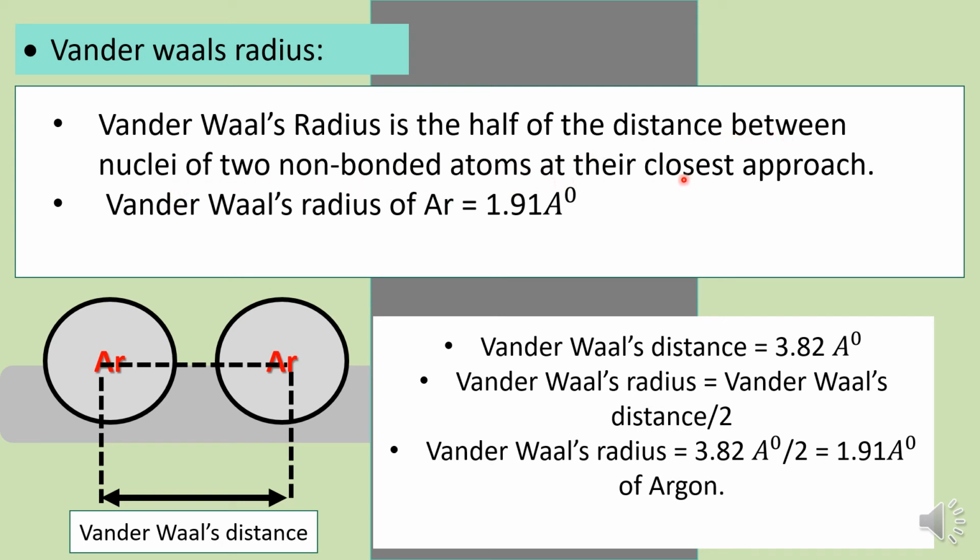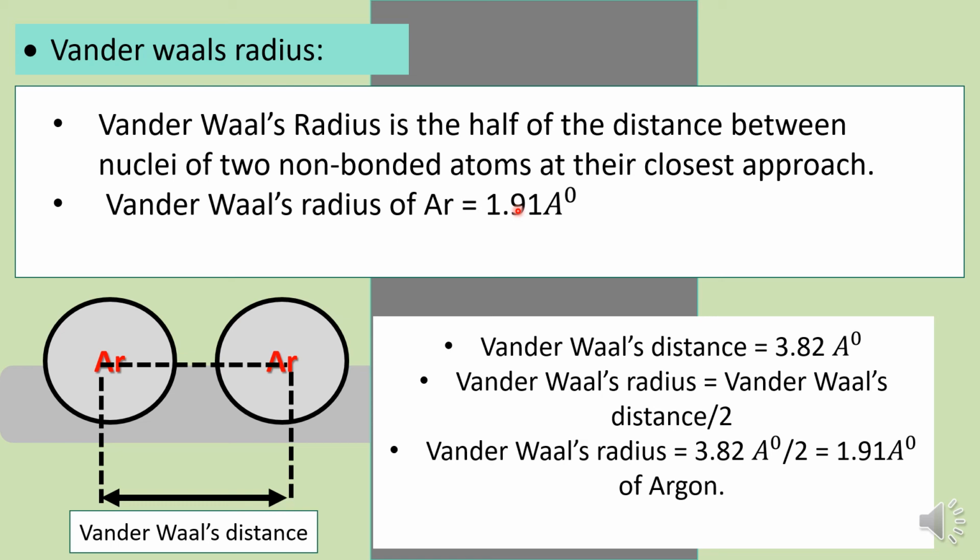It means a bond is not formed between these atoms, but we compress these atoms as much as possible until they cannot be compressed anymore. At this point, we find the distance between the two nuclei of the two same atoms, and we divide this intermolecular distance by 2 to get the Van der Waals radius of the atom.